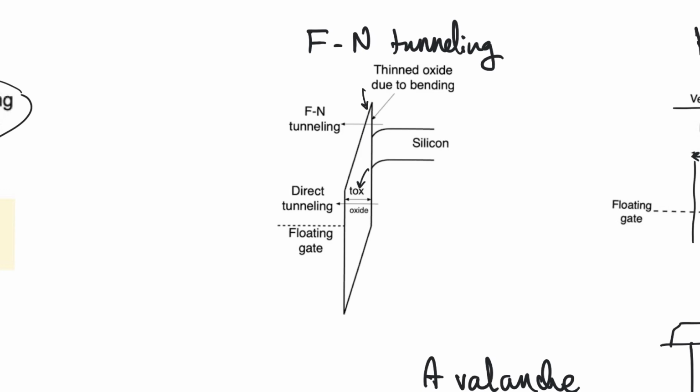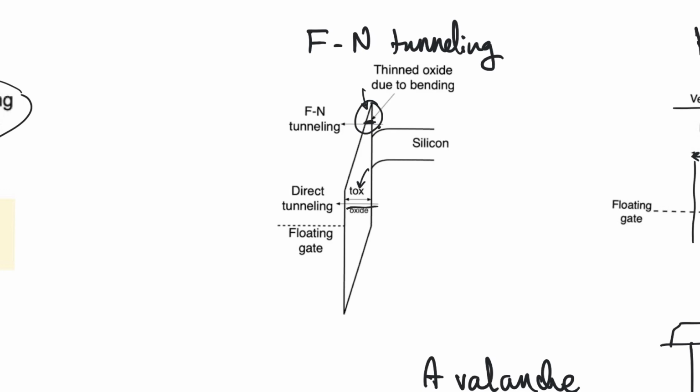Now, with the oxide tilting so much, there is a portion of the oxide which is now basically triangular instead of rectangular. So the oxide is more or less rectangular for most of its range, except when it's bent so much. When it's bent so much, a large portion of it is going to be triangular. And the thickness that you observe in this triangular part is much smaller than the thickness you observe if you had to tunnel through the whole oxide.